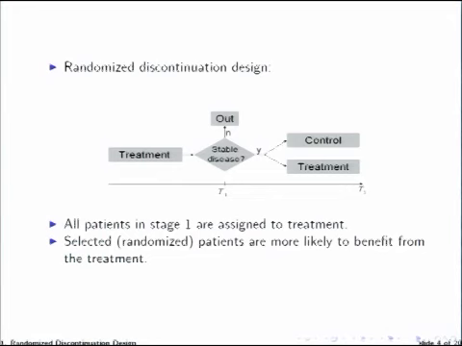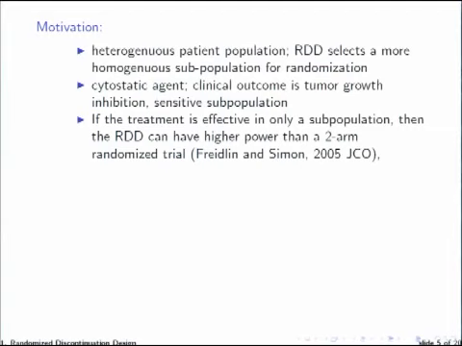So in principle, the story sounds good. Unfortunately, in practice, there are lots of caveats. There are a couple of recent papers that report comparisons of randomized discontinuation design versus straightforward upfront randomization. Freidlin and Simon report that the RDD can have higher power in some scenarios if you're very careful in choosing the parameters.